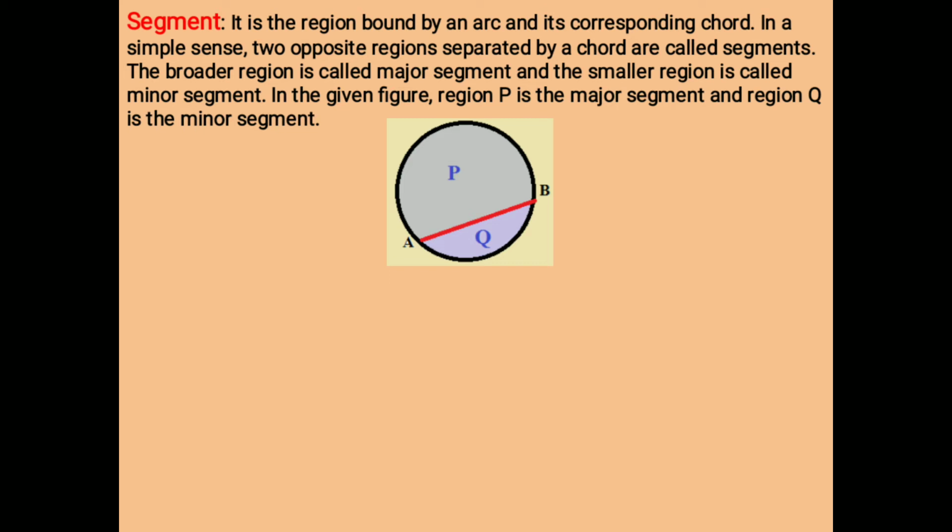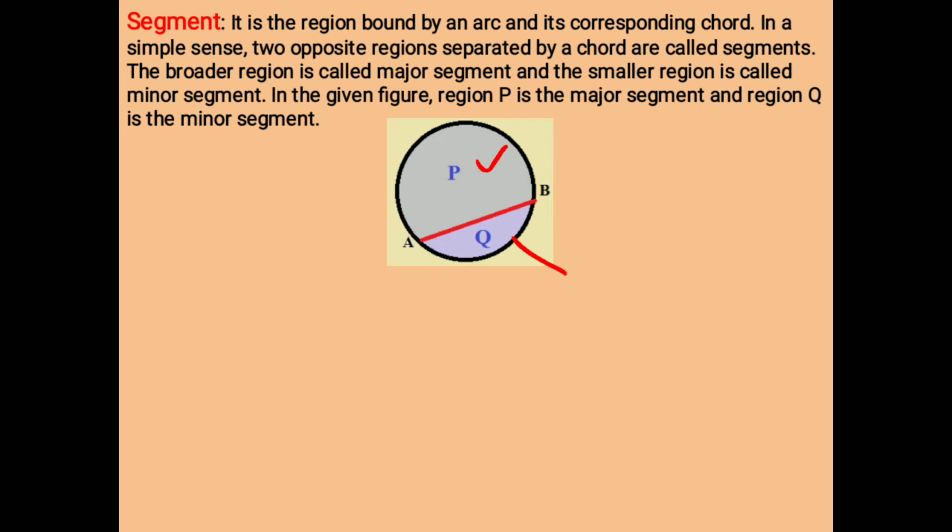So here in the given figure, P is the bigger area formed and Q is the small area formed. When AB passes through the circle, bigger area P is called the major segment and small area Q is called the minor segment. I guess you are clear about the segment.